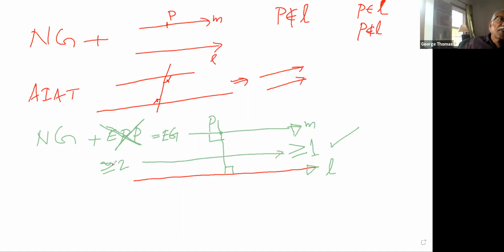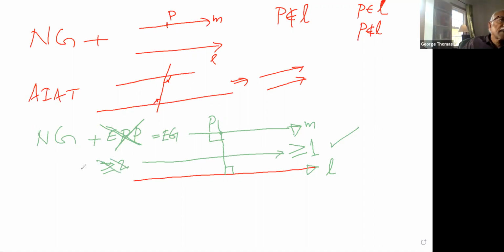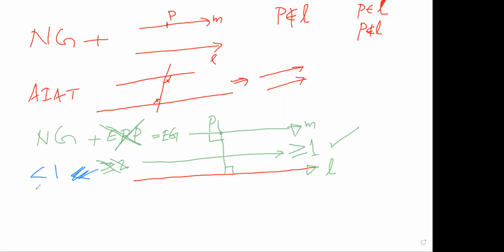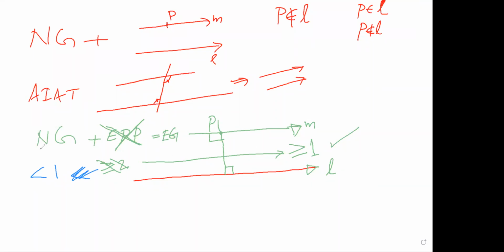Right. Suppose we said, could we say less than one? Definitely not. That will violate this. And if it violates, it can't be a possibility because we have proofs.